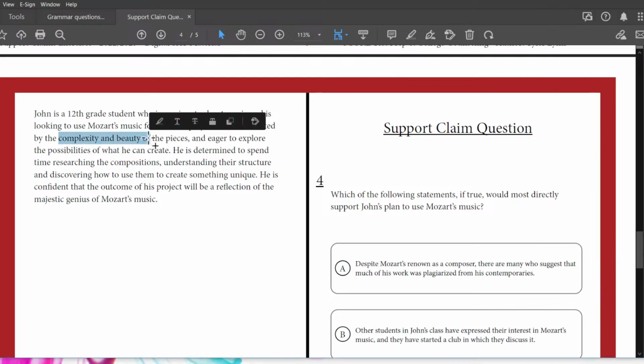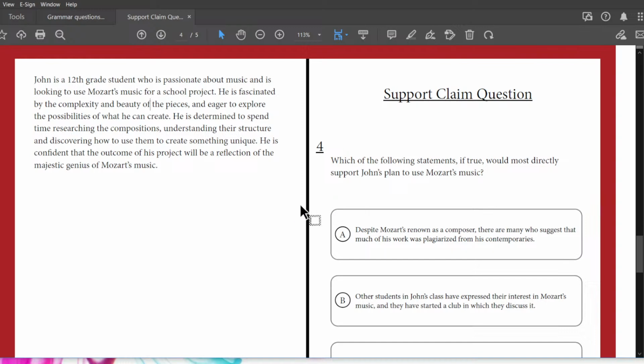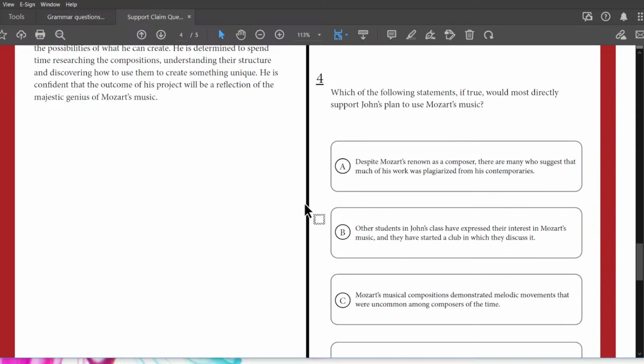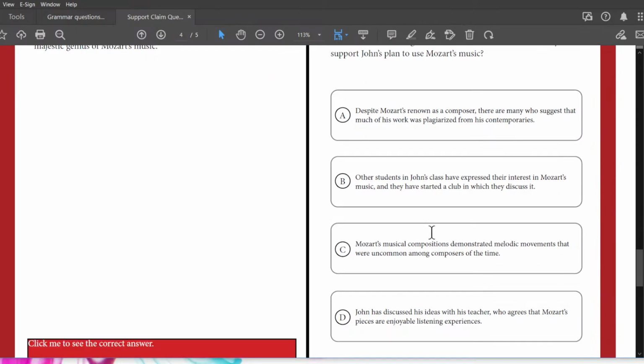Okay, so it's all about the complexity and beauty of the pieces.